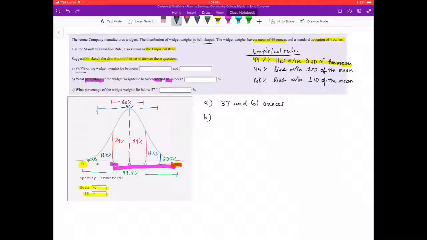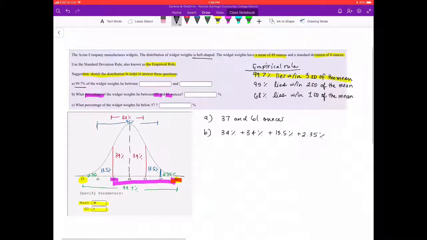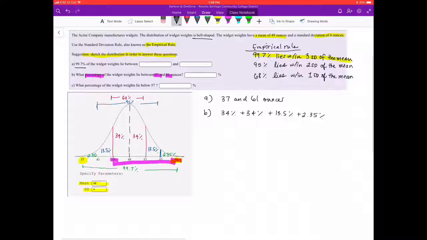Of course, there are multiple ways of doing this problem, but I think it's easiest to see 45 to 61 and add up all the percents. So that would start with 34% plus 34% plus 13.5% plus 2.35%. If I add those all up, I'll get 83.85%.